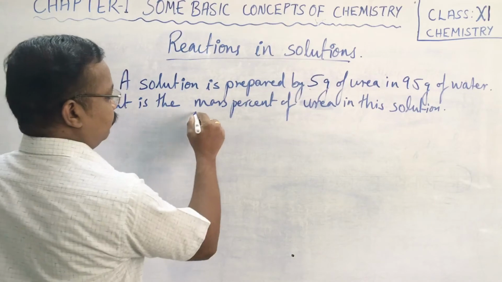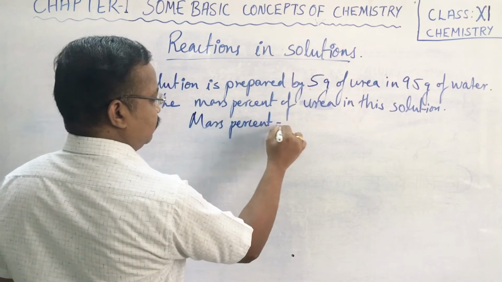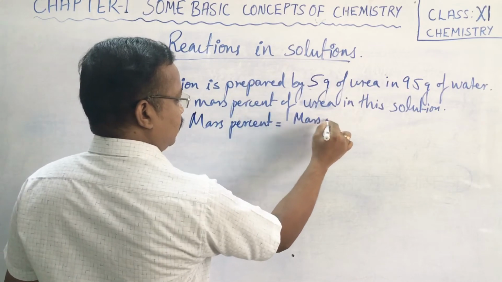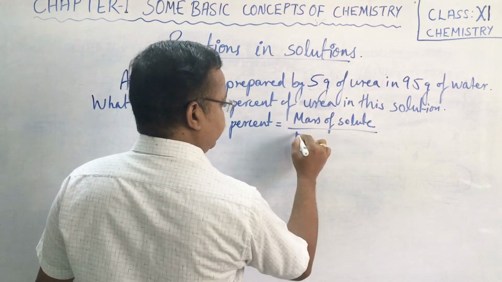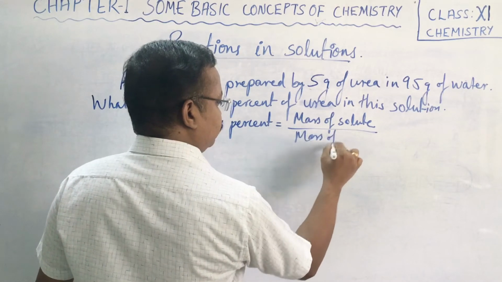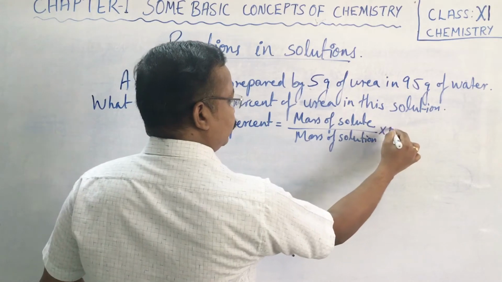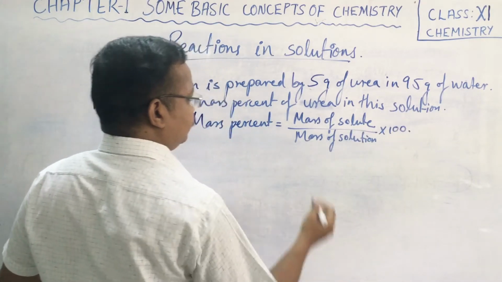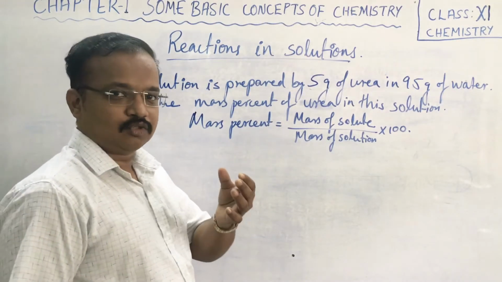Children, as you know, mass percent is equal to mass of solute divided by mass of solution into 100. Here, solute is the substance which is in less quantity. Correct?